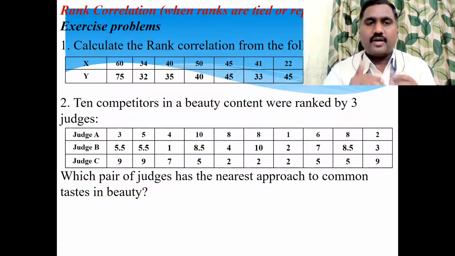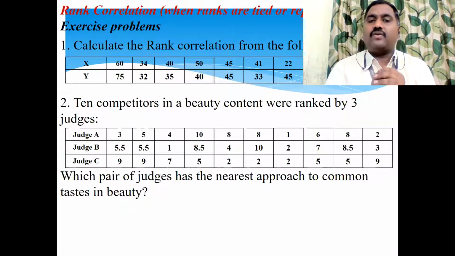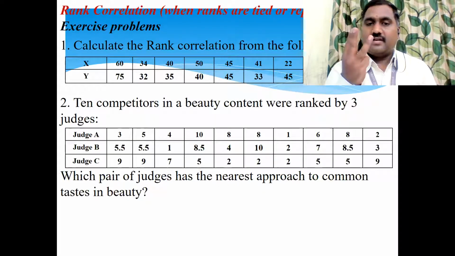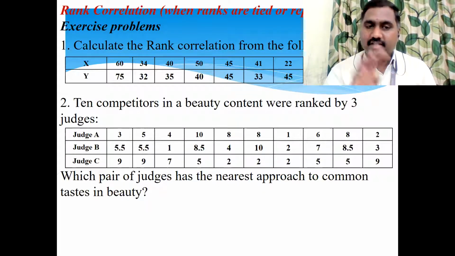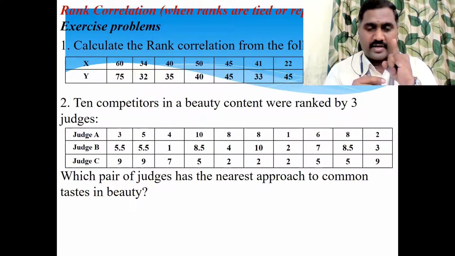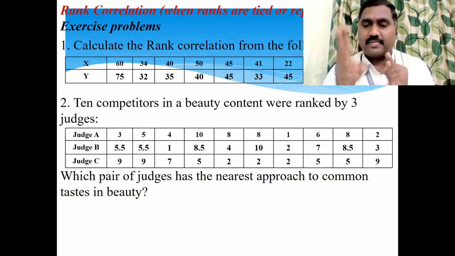Now we come to the second variable, y. In the y variable, which numbers are repeated? Yes, Kishore, very good, 45. 45 is repeated how many times? 3 times, right? Then yes, 40. Good, Abhinav, 40 also repeated. So 45 is one number, 40 is another number, so 2 numbers are repeated.